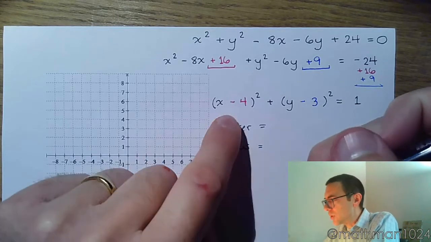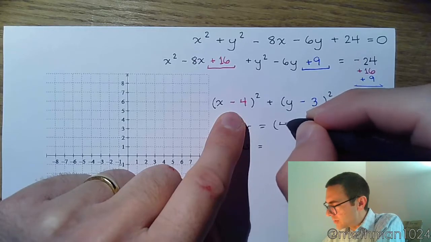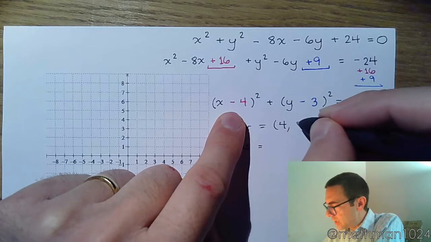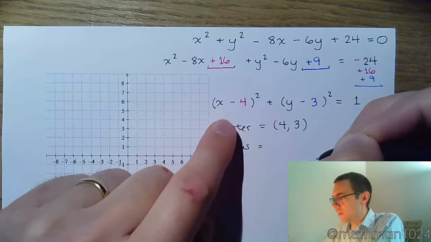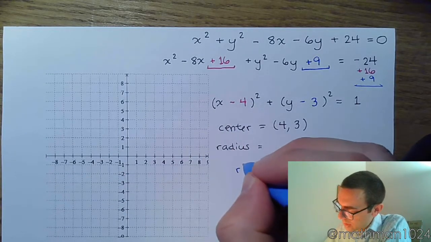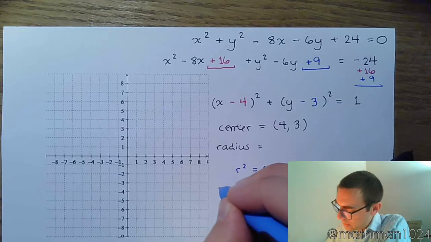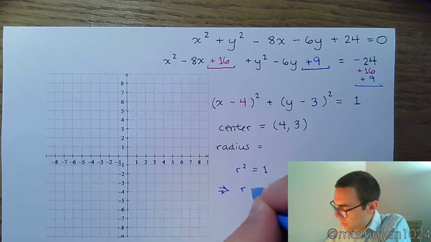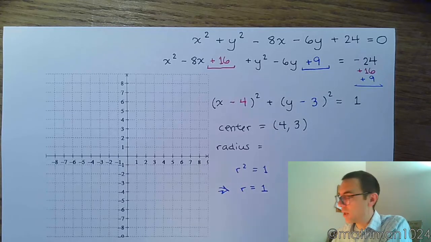So the center is where you do the opposite of what you see here, so that's positive 4. The opposite of what you see here, which is positive 3. And then this is supposed to be your radius squared. So if r squared equals 1, that means that r is just 1.